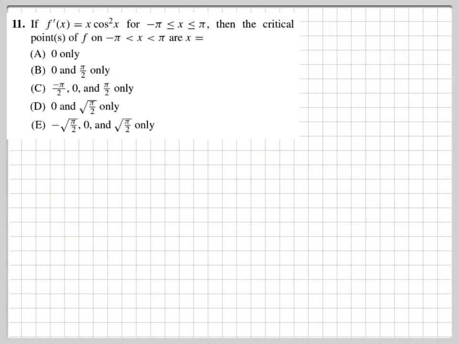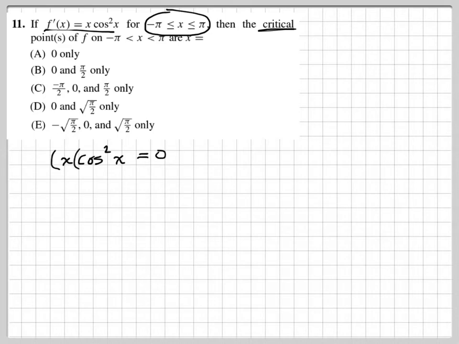All right, trig. Okay, so we're given f prime, and these are the only x values that we're looking at, x values between negative pi and positive pi, and we're looking for critical points. So what we got to do is take this x times cosine squared x and set that equal to 0.